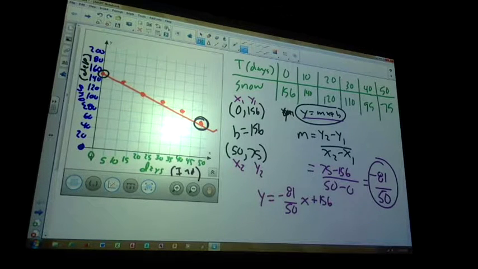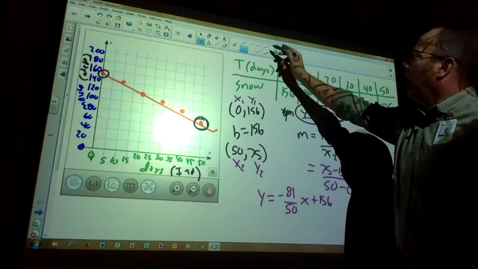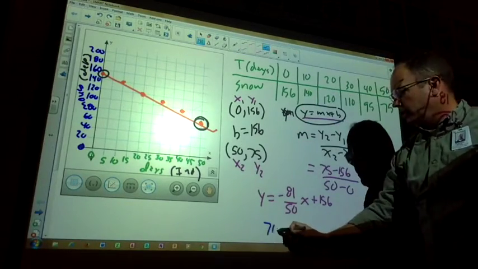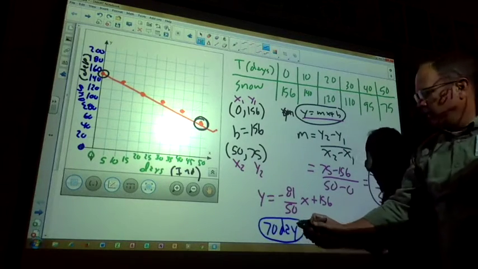Use your equation to find the snowpack on the peak 70 days after spring. Okay? So which variable represents days? X or Y? X. So if I wanted to figure out after 70 days, how much snow do we have?